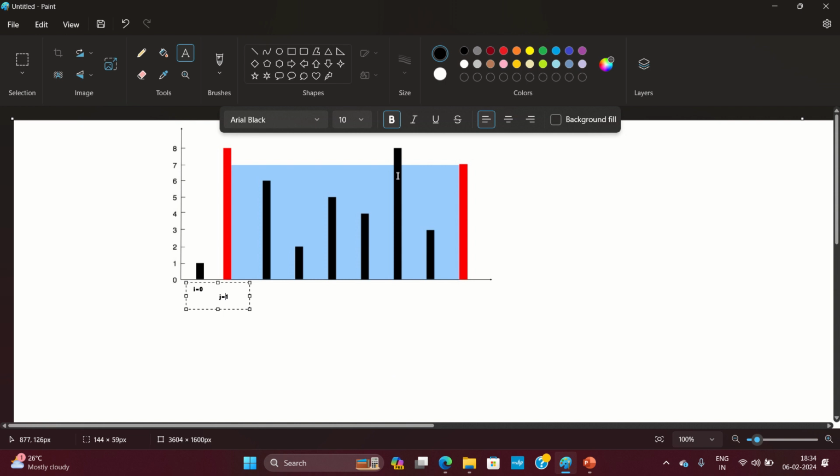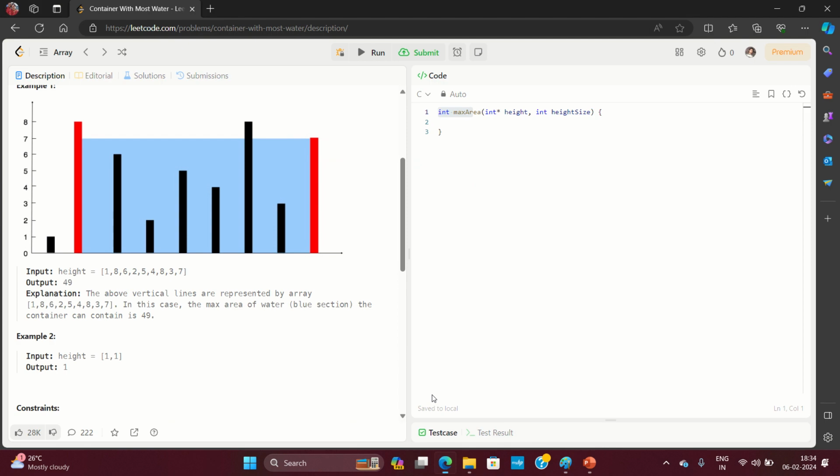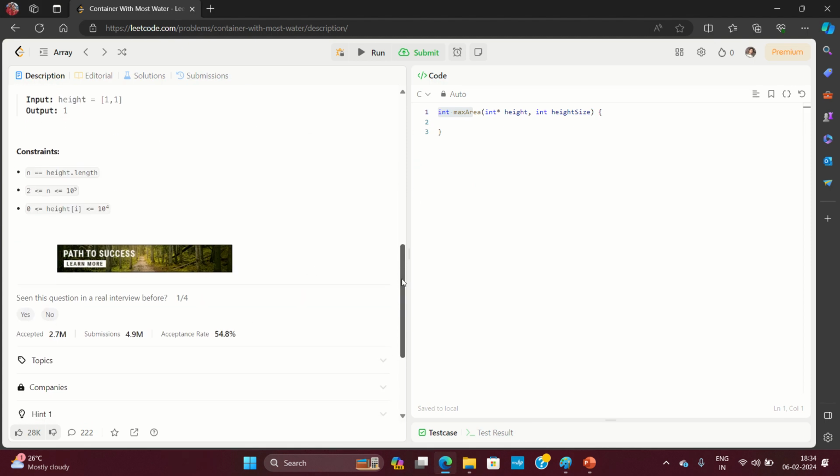Something having an area of 0 meter, at least in this container, will never be possible, because in the constraints we will be able to see the height of I will always be greater than or equal to 0, and less than or equal to 10 to the power 4, and therefore height we consider never to be 0.